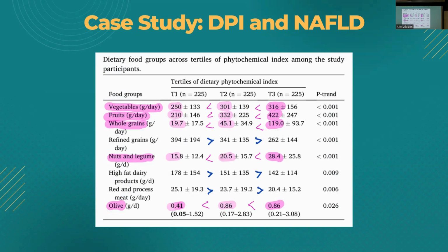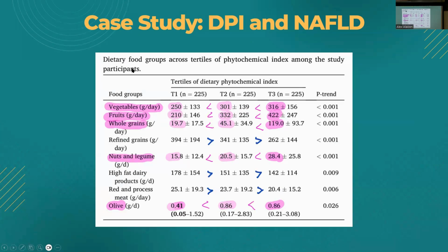And from here on out, I'll be discussing some case studies where they look at the consumption of phytochemicals and how this affects your chances of having chronic metabolic diseases. The first one is going to be non-alcoholic fatty liver disease.